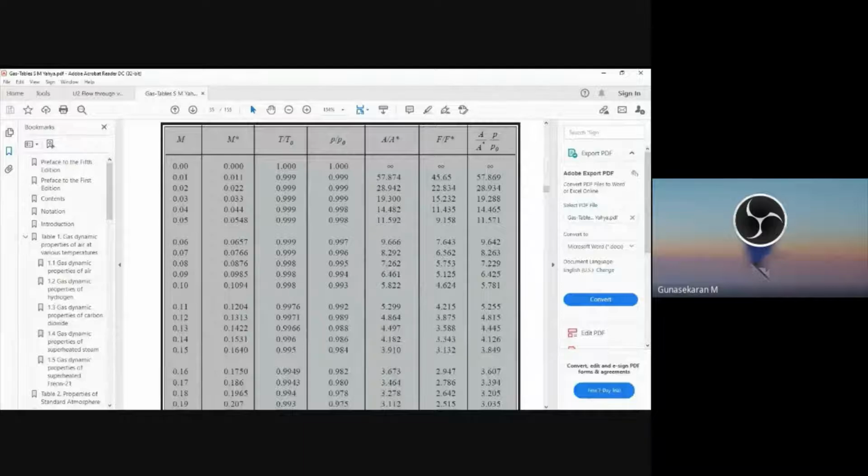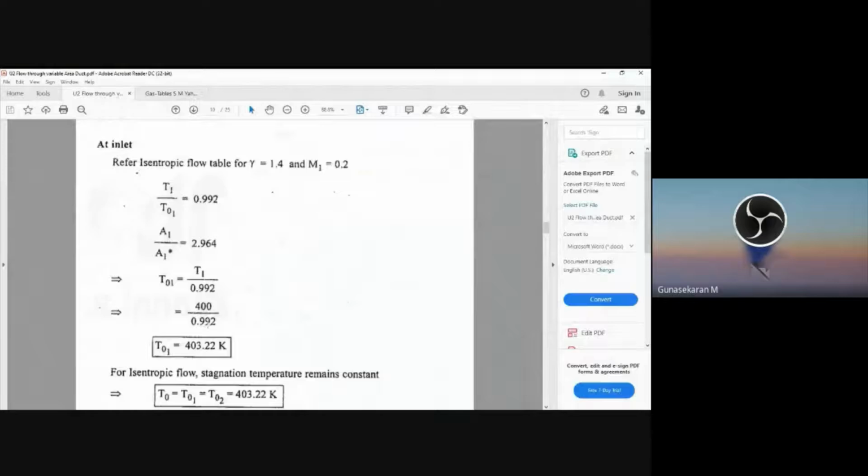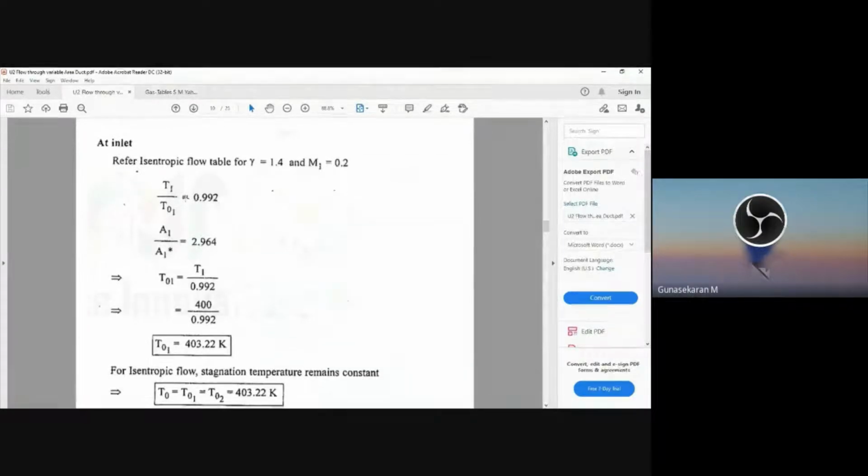As we have seen the values you are seeing here, T1 by T naught 1. By referring to the isentropic table for gamma equal to 1.4 and Mach number 0.2, you have these values: T1 by T naught 1 and A1 by A1 star, and P1 by P naught 1 also you can take.